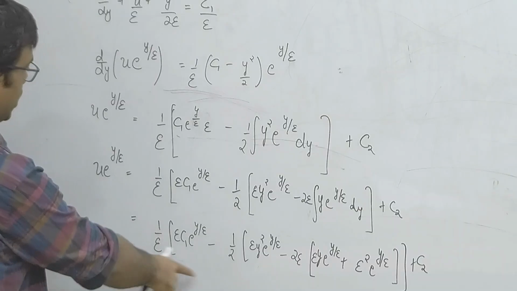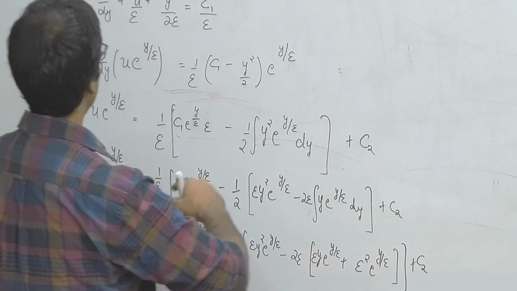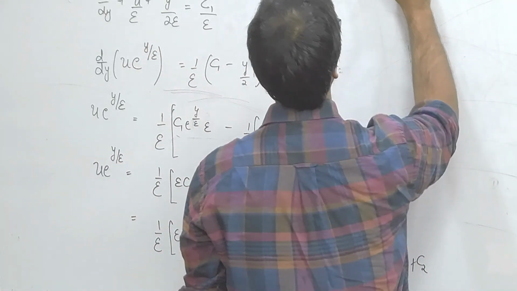Okay. So we can divide this equation by e to the power y by epsilon, and we can also cancel one epsilon from every term.